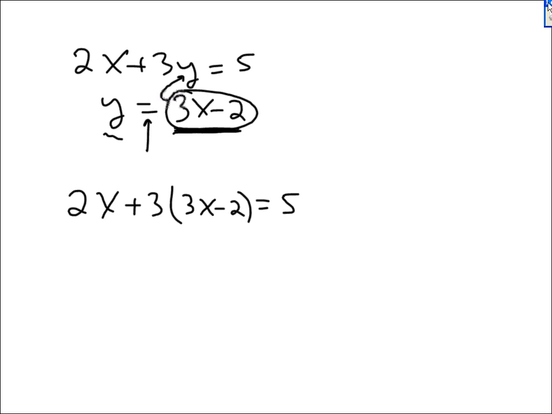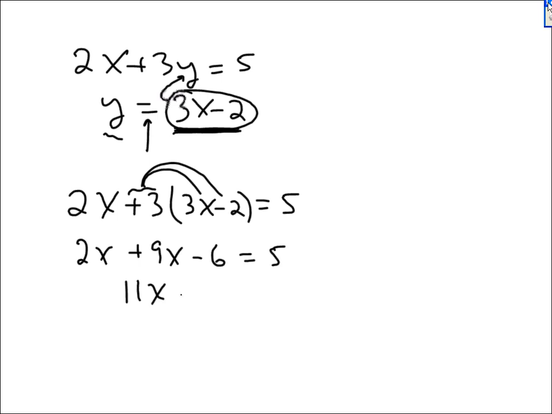Now the nice thing about this equation is, it's one equation and it only has one variable. I can solve it. First I'll distribute the positive 3. I'll get positive 9x minus 6 equals 5.